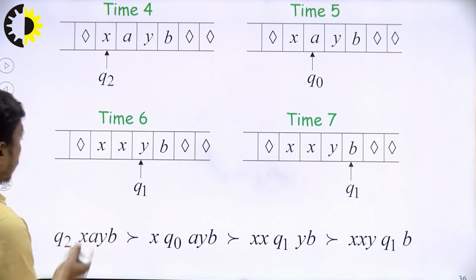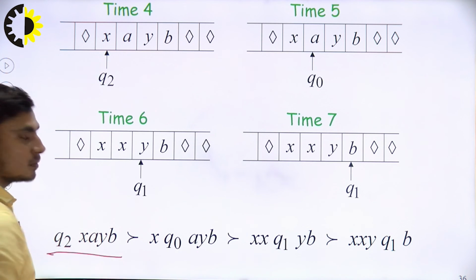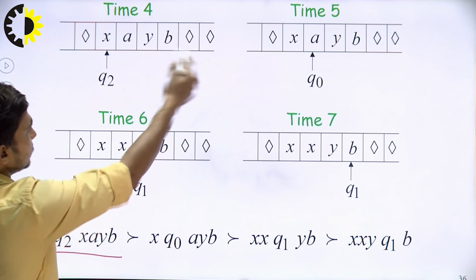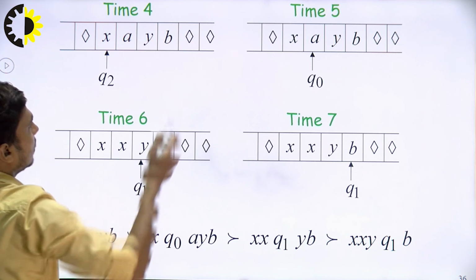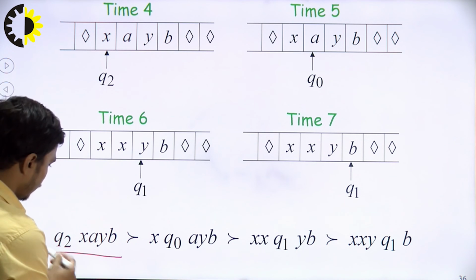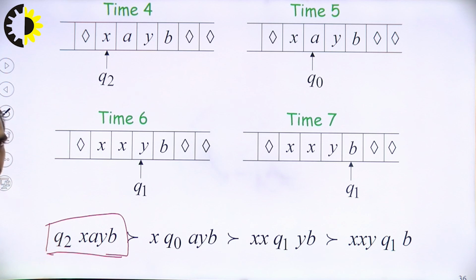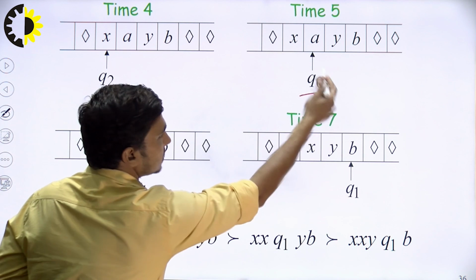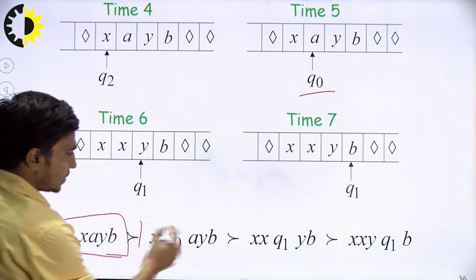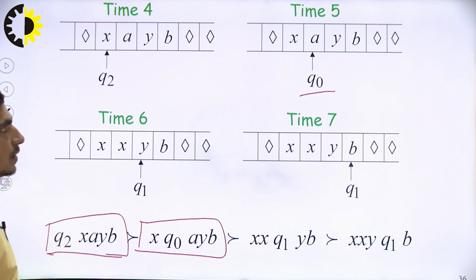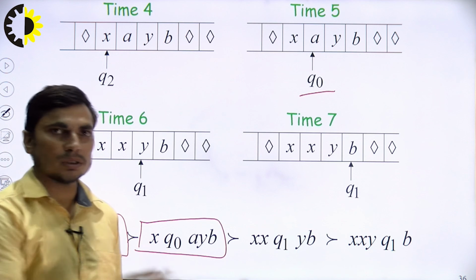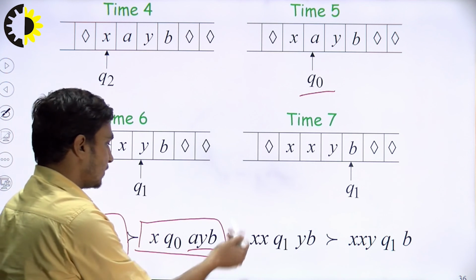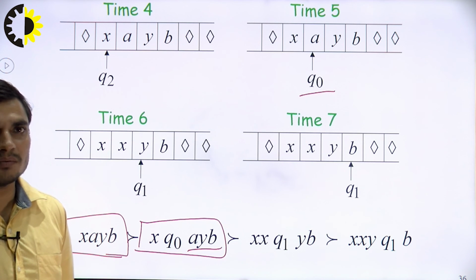Initially we are at state Q2, we are going to read X, and the complete string after this X is AYB. That is described by this ID. Now after a single move we will reach this configuration, defined by this ID, where we are having X on the left of the read write head, then we are in state Q0, and after that we are having string AYB.